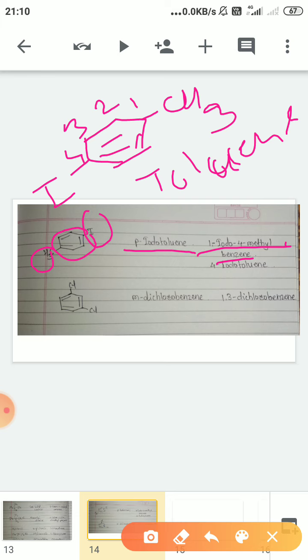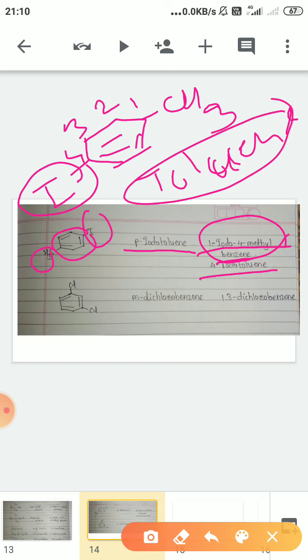You can write the name by this method, or simply 4-iodotoluene.